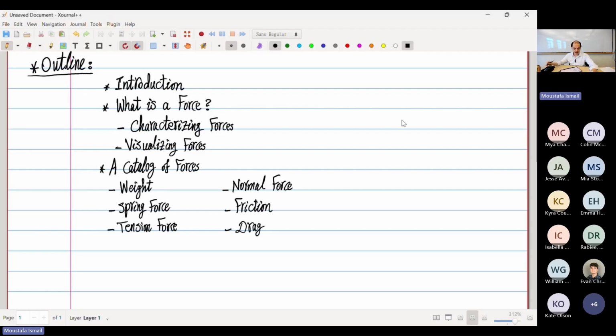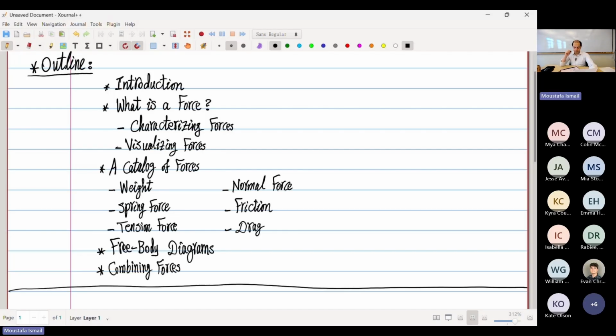With these forces at hand, we're going to learn how to draw a free body diagram. And finally, how to combine forces. Okay. In all of this, we don't discuss Newton's laws. We don't discuss how forces affect motion.